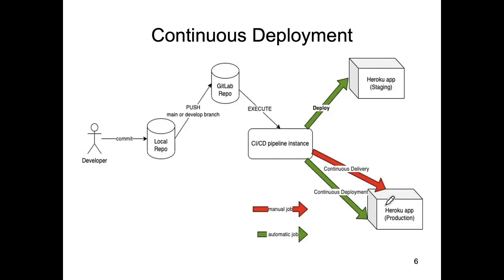Deployment to the production environment depends on whether you are running the continuous delivery or the continuous deployment forms of the pipeline. If it's the continuous delivery one, then the deployment to the production environment is a manual step. It is a stage in the pipeline, but it's not an ordinary stage.